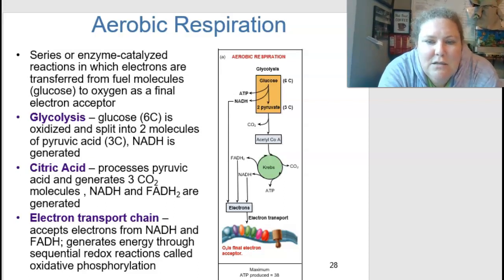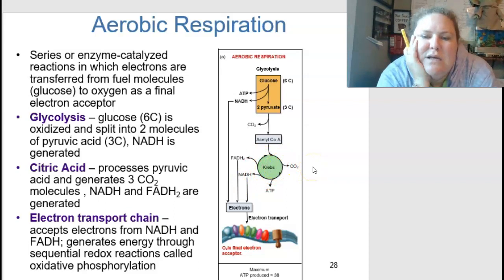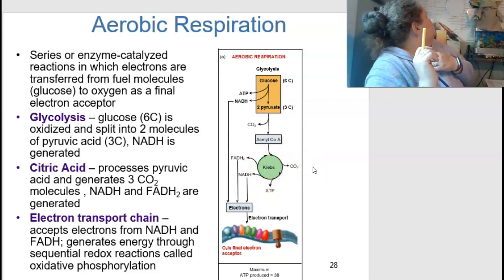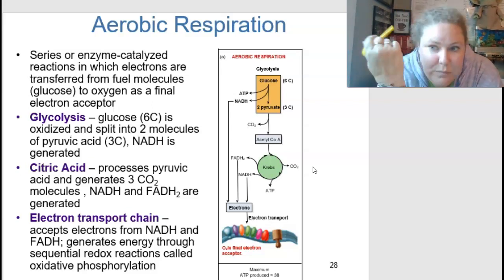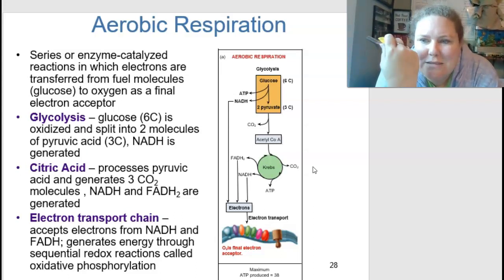The citric acid cycle is also known as the Krebs cycle, and you can see that that's labeled here. There's like 3 names for it. I have a big metabolic process behind me, so that's why I look behind me. Anyway, this is going to take that pyruvic acid after it's been turned into acetyl-CoA, and process it further.